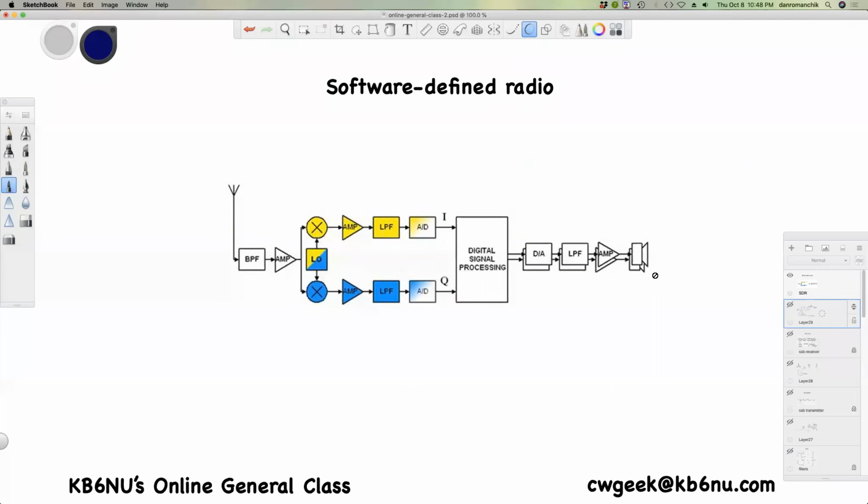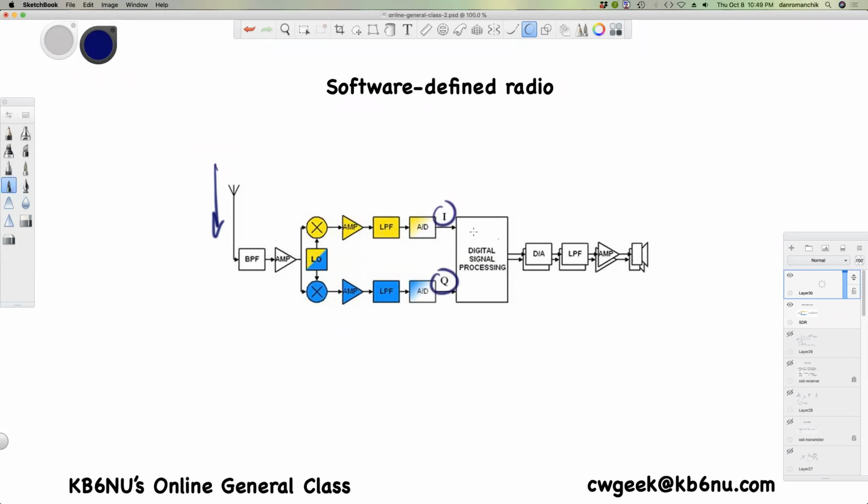The signal comes in, maybe goes through an amp, maybe goes through a filter, sometimes not even that. But then the signal gets shifted into two signals 90 degrees out of phase, if you will. They're called the I and the Q signals.